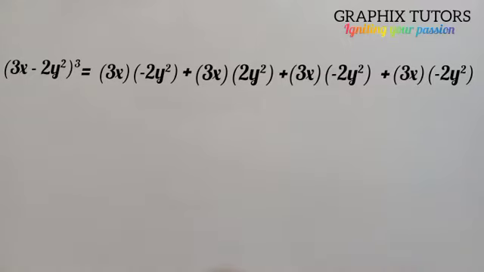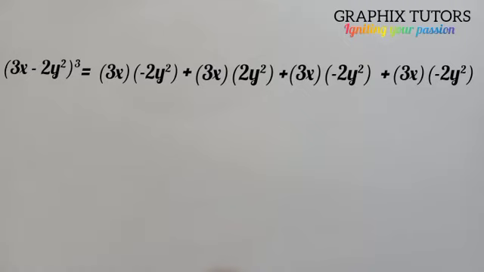The reason why I'm taking it up to 4 is that the power is 3. If the power is 4, you do it like this in 5 places. If the power is 5, you do it in 6 places. If it is 6, you do it in 7 places. So we are doing it in 4 places because of what?